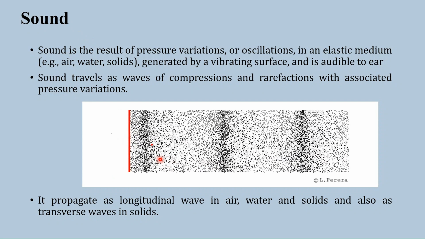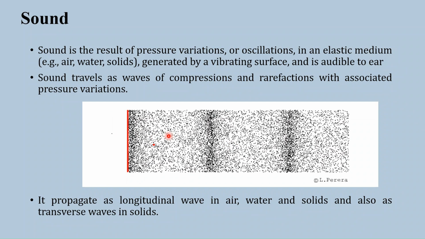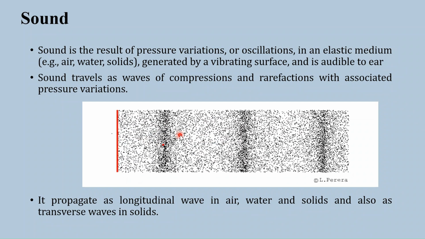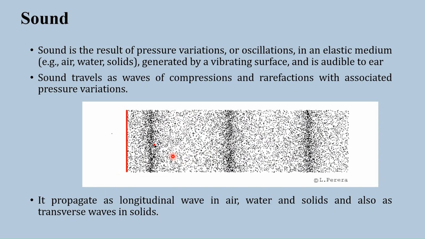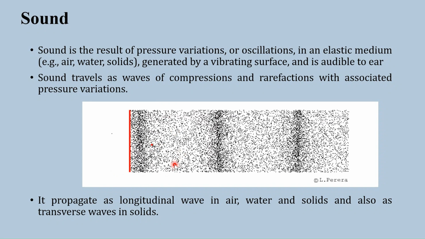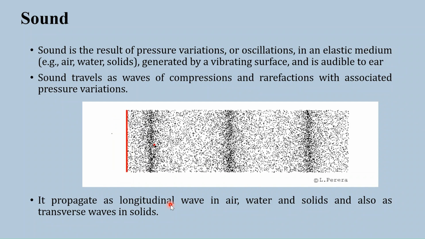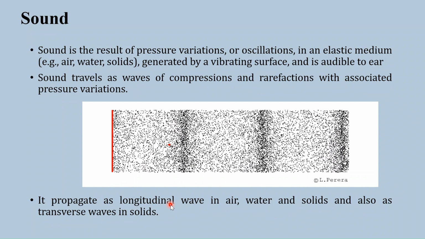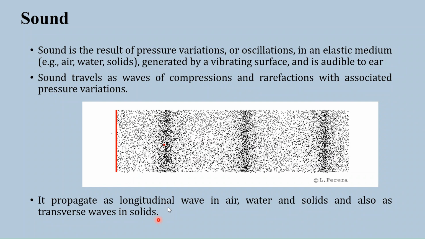This sound travels as a wave of compression and rarefactions, and it is associated with pressure variation, because compression is the region having higher pressure, while rarefaction is the region of low pressure. And this sound travels only as a longitudinal wave in air and liquid medium, while both longitudinal as well as transverse waves in the solid medium.